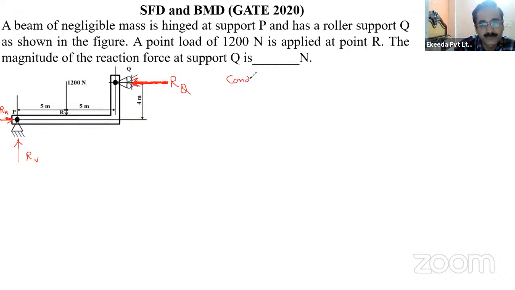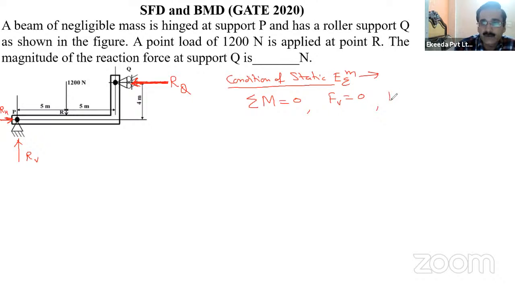The condition of static equilibrium is that the sum of all moments about a certain point should be equal to 0, the sum of all vertical forces should be equal to 0, and the sum of all horizontal forces should be equal to 0. Only then can we say that the body is in static equilibrium. We are talking about this body, and that body is in static equilibrium, right? So at any point the moment will be 0.